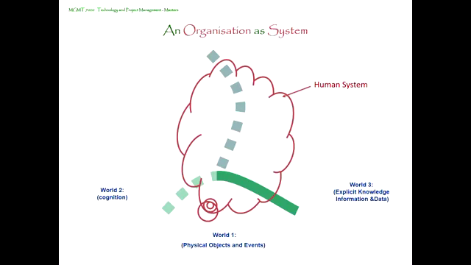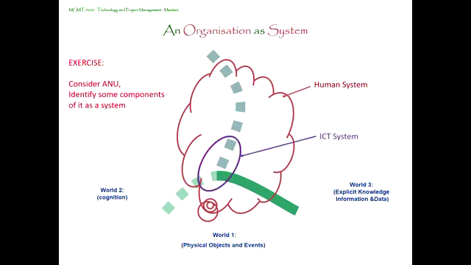And within the system there is some sort of technology system, an ICT system sitting down in the middle of it somewhere that we're often talking about. So organisations are often seen as socio-technical organisations, that is, a mixture of human and technical components, all neatly systematised.